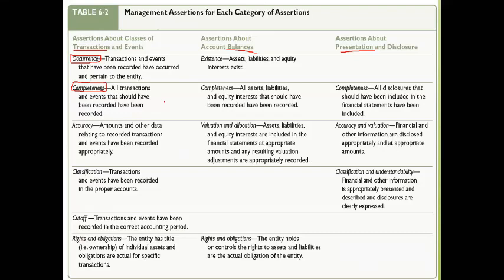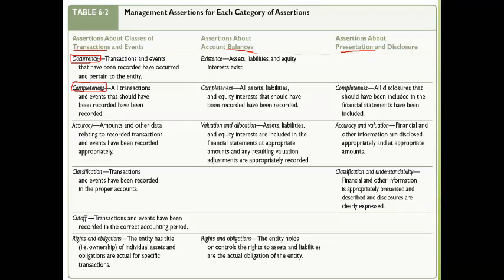I have a group of transactions and I would like to make sure that this group of transactions has been recorded completely. For example, I went to the warehouse of the company and I found 10 items of a specific product.